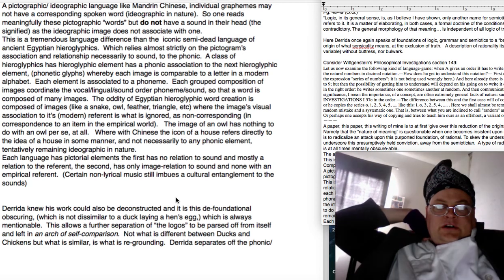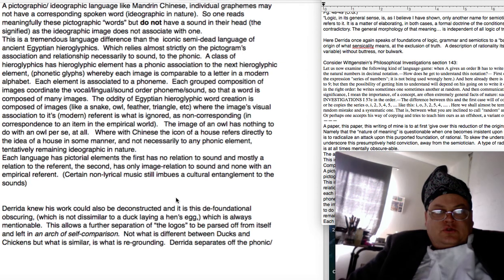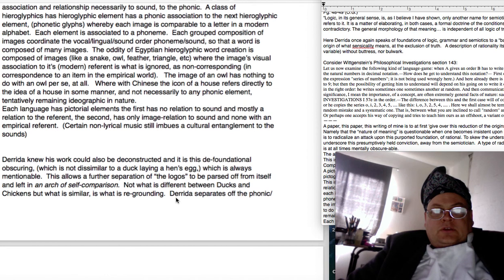The oddity of Egyptian hieroglyphic word creation is composed of images like a snake, owl, feather, triangle, etc., where the image's visual association to its modern referent is what is ignored and non-corresponding to an item in the empirical world. The image of an owl has nothing to do with an owl per se at all.